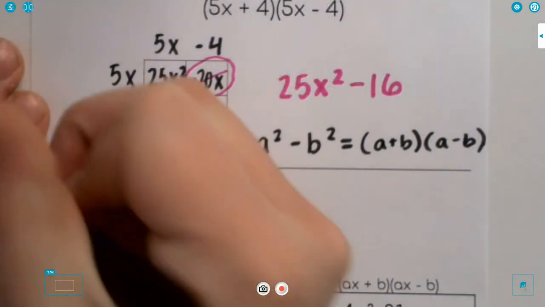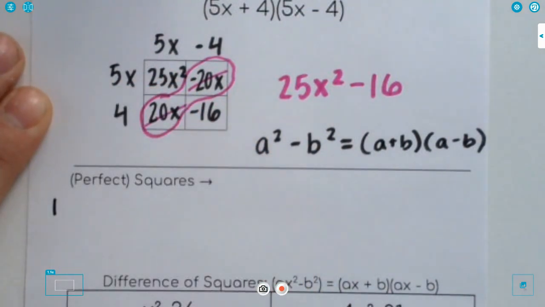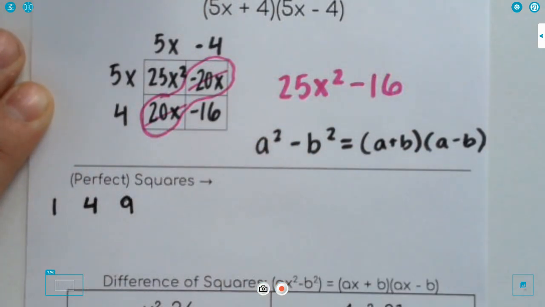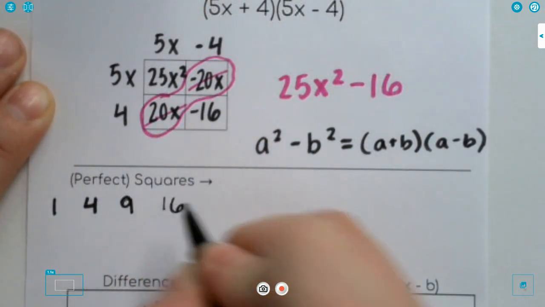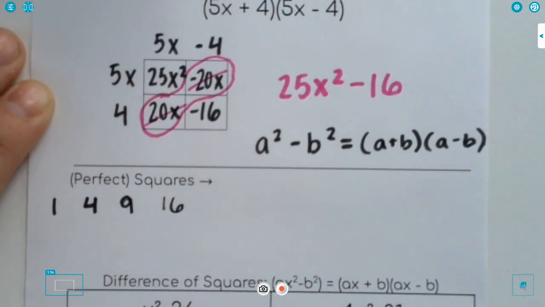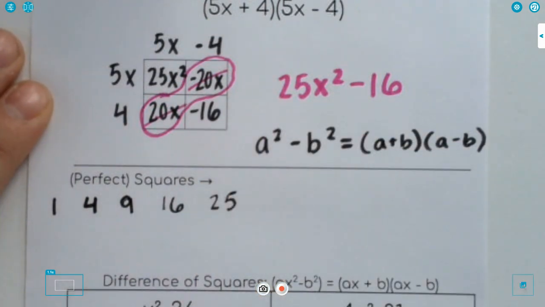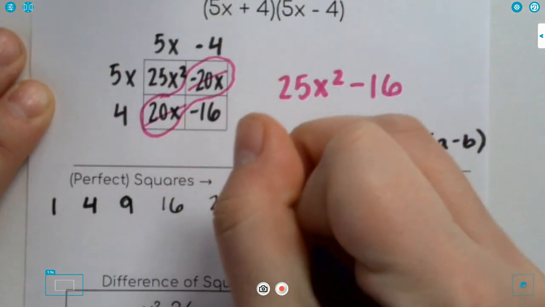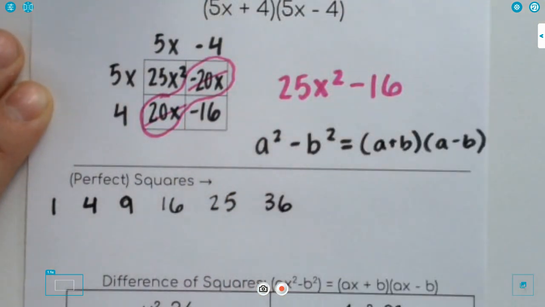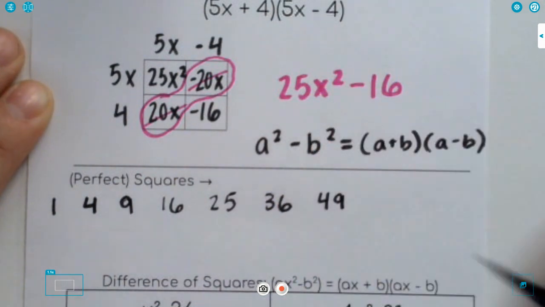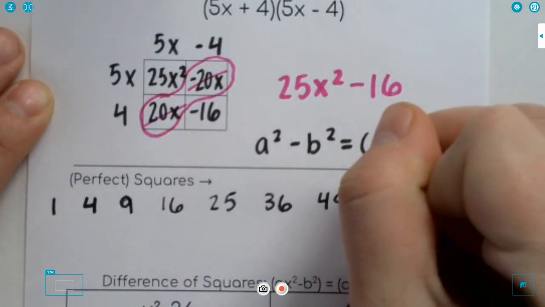So 1 times 1 is 1. 2 times 2 is 4. 3 times 3 is 9. 4 times 4 is 16. 5 times 5 is 25. 6 times 6 is 36. 7 times 7 is 49. 8 times 8 is 64.